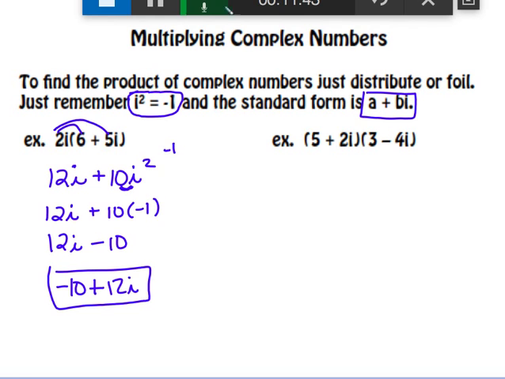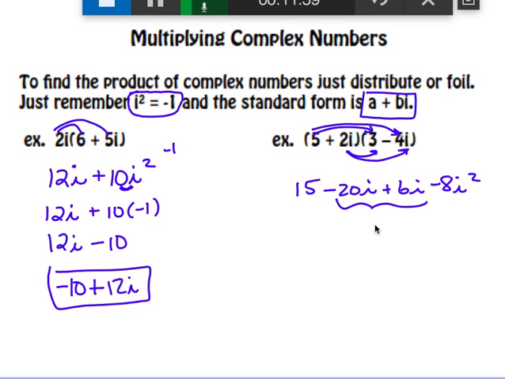So you try this one and see if you get it right. All right, for this one, you have to use the double distributive property. So you get 15, and then you get negative 20i plus 6i minus 8i squared. Well, now you've got like terms. Negative 20 plus 6 will give you negative 14i.